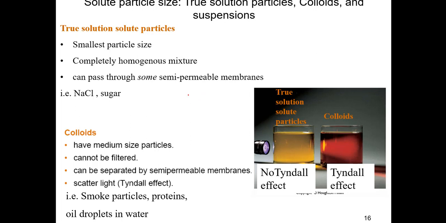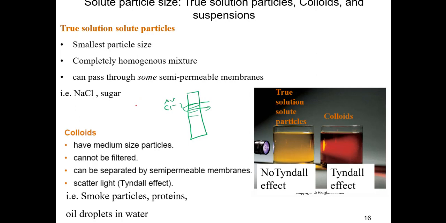Now there are special barriers called semi-permeable membranes, and they have tiny little holes in them. And they allow some solute particles to go through, such as ions of sodium and chloride, but other particles they don't allow.